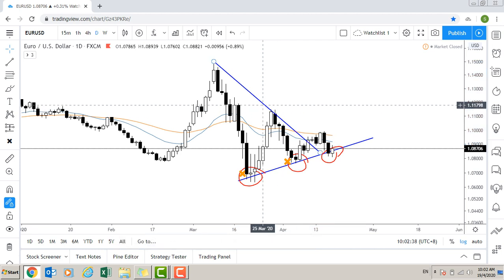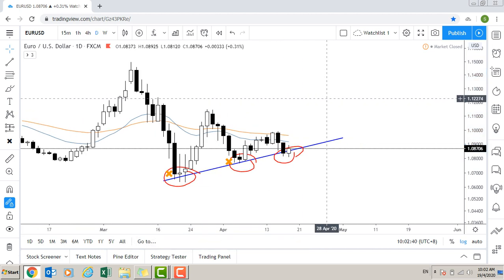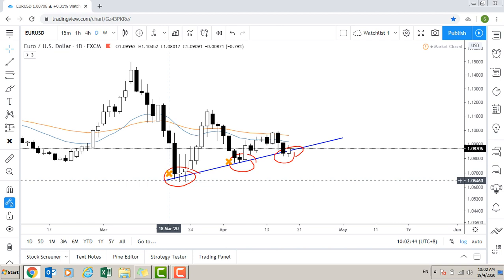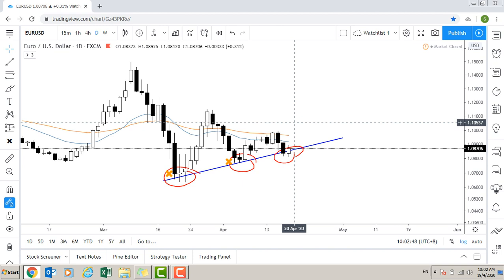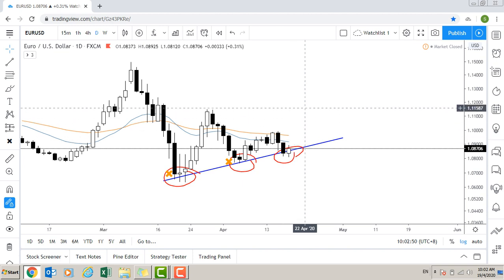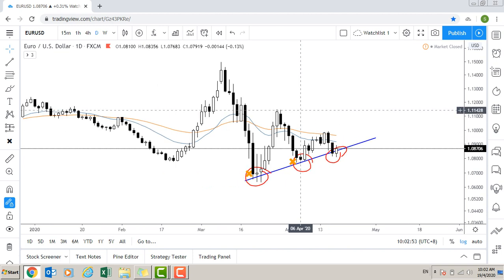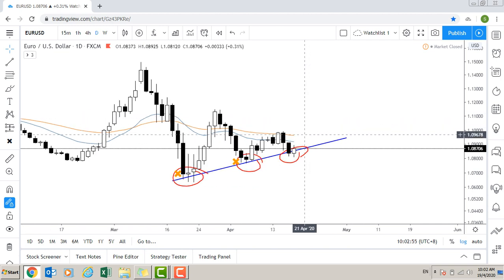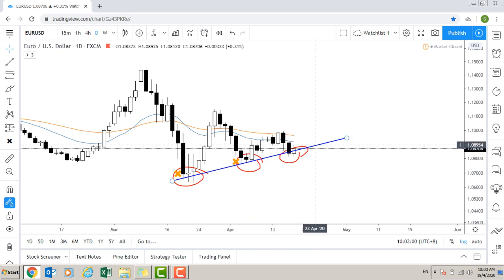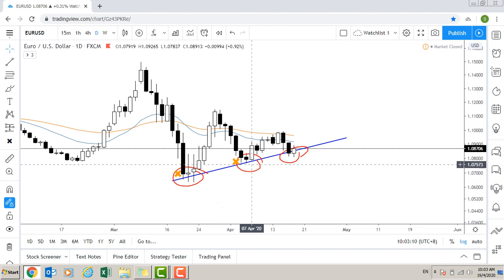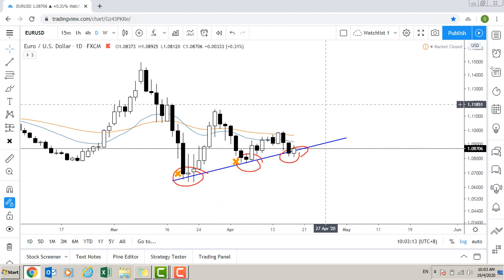So in comparison, I would prefer to buy this pair rather than sell this pair, because I wouldn't know which area to sell. Basically, if I'm going to sell, more likely this line will become my support. We should think about this. Because of the perfection of this line, I believe every time the price touches this line, it will go up.